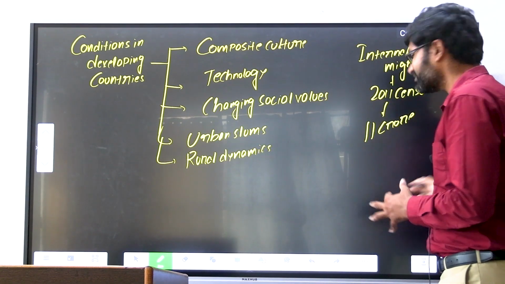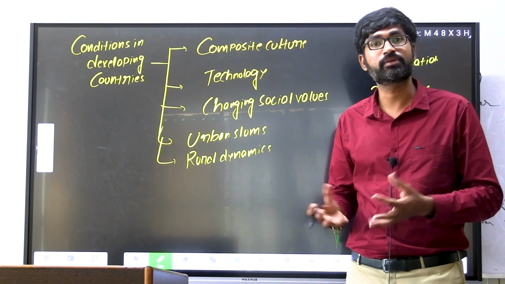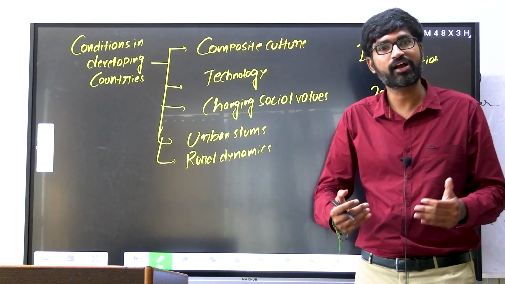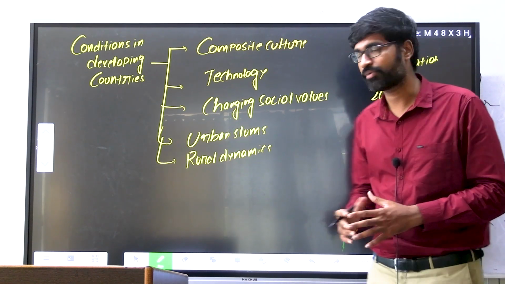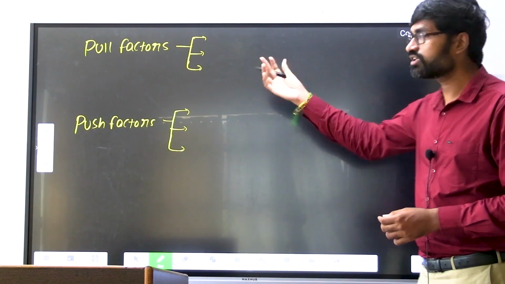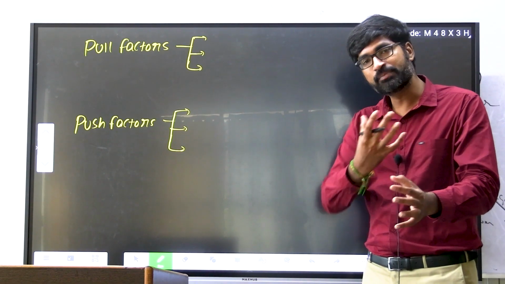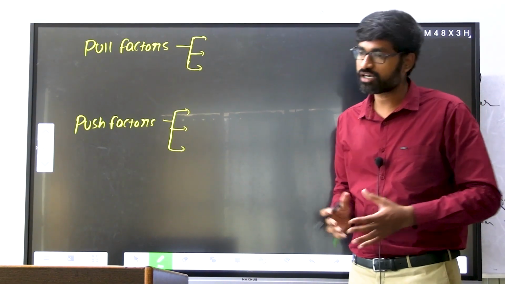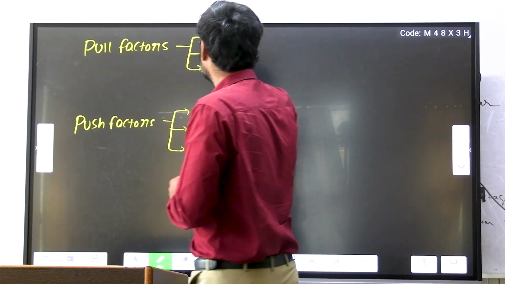Now, what are the attractive factors of the urban areas, and what are the push and pull factors when it comes to these things happening? Now we need to discuss what are the pull factors that are pulling the people to the urban areas. The pull factors are obviously that you'll find better jobs.